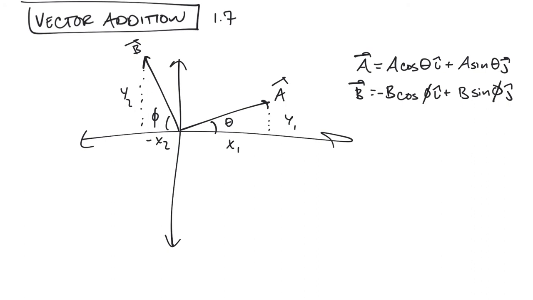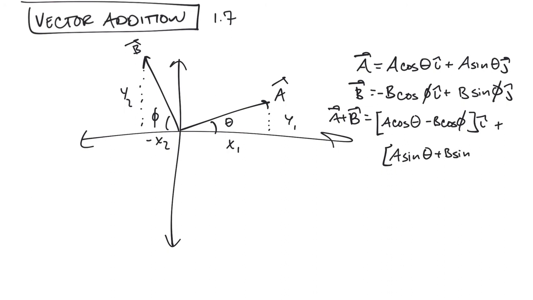In order to add them up, all you have to do is add them straight up in this notation. So A plus B is equal to A cosine theta minus B cosine phi times i plus A sine theta plus B sine phi j.